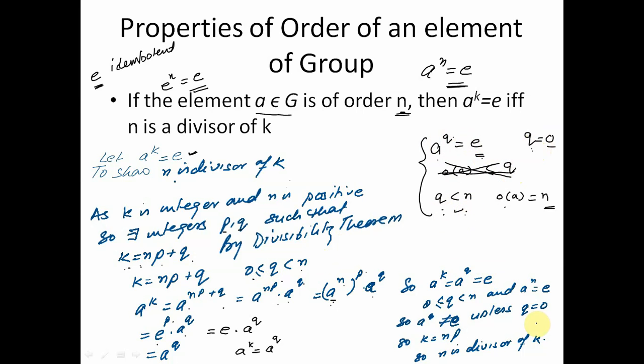So this is possible if and only if q is equal to 0. So if q is equal to 0, k is equal to np plus q reduces to k is equal to np, where p is an integer. So that means n is a divisor of k. So I have shown the first part of the proof.